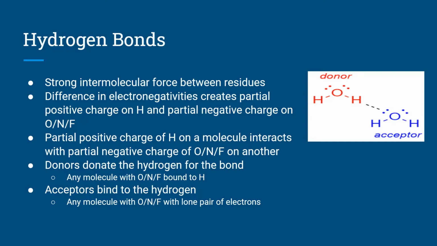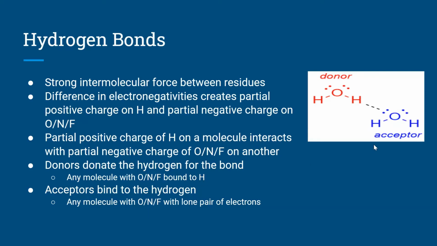Because of the partial positive charge on the hydrogen, it is able to interact with the partial negative charge of an oxygen or nitrogen on another amino acid. As you can see in the picture on the right, the partial positive charge on the hydrogen will interact with the oxygen or nitrogen on another molecule that has the partial negative charge.